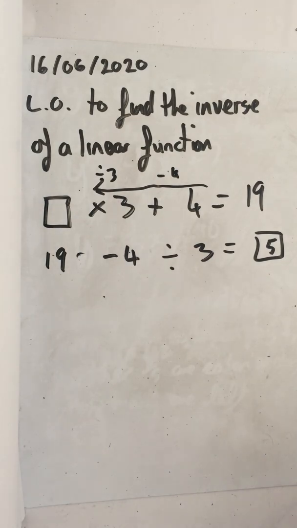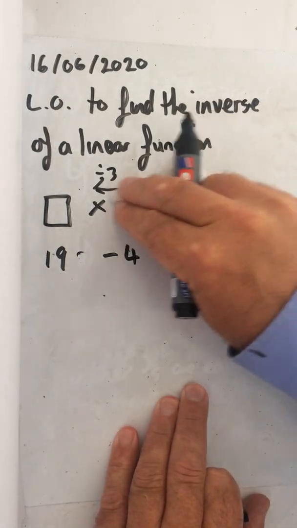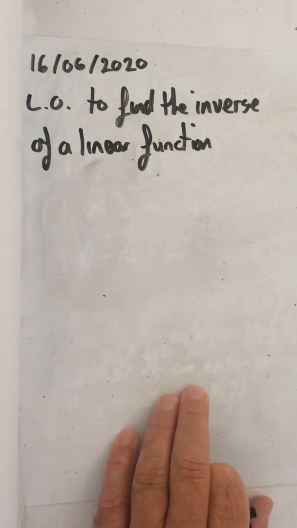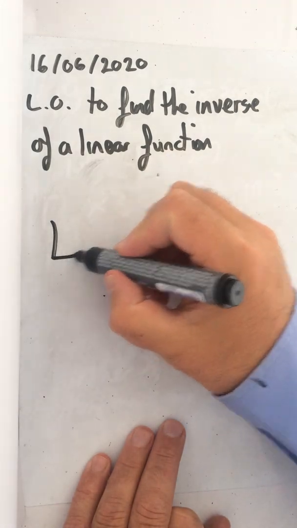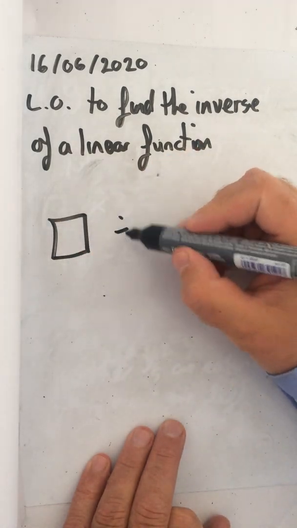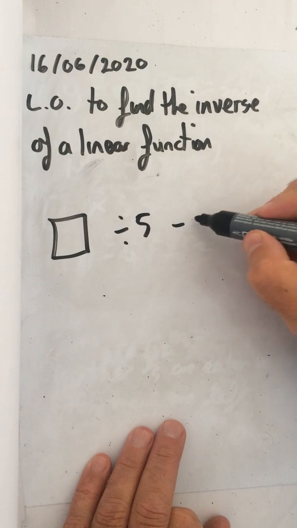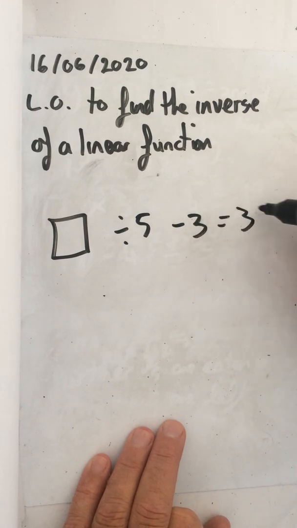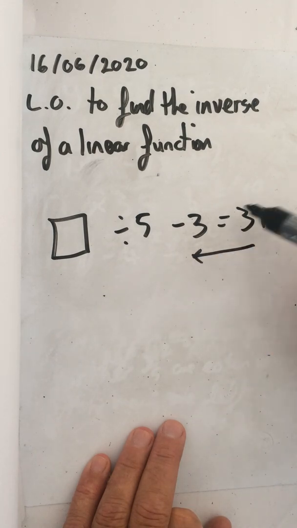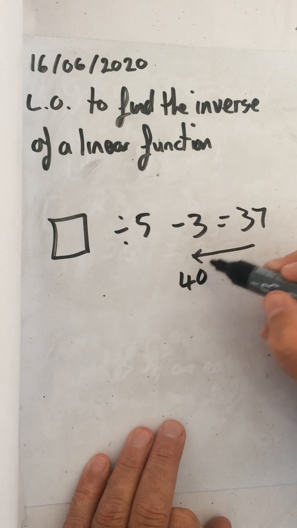I know you can kind of work that out in your head anyway, but obviously when you get to more complicated questions, let's look at this one. So if I wanted to find that, times 5, take away 3 equals 37. So what I'm going to do, I'm going to go in the opposite direction. Instead of taking away 3, I'm going to add 3, so that gives me 40.